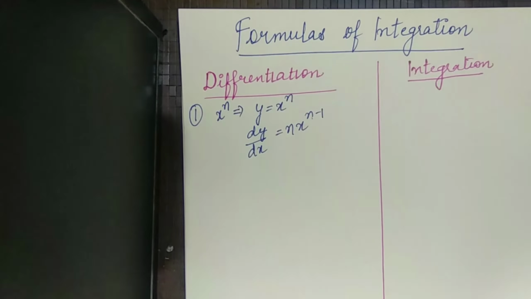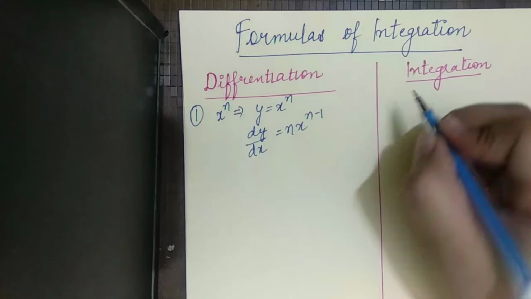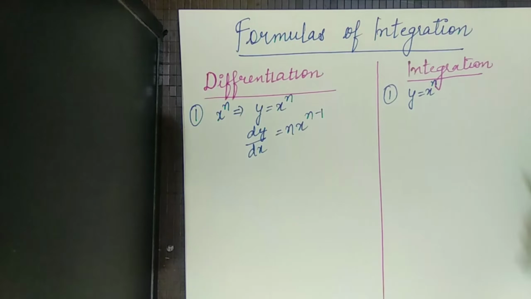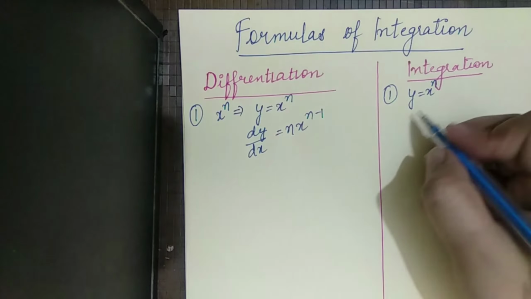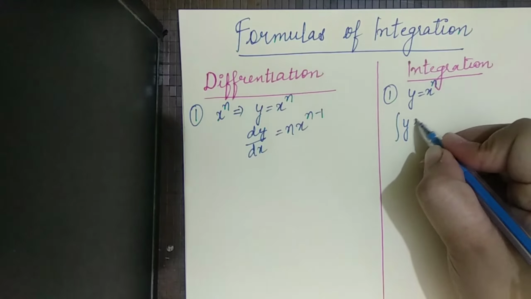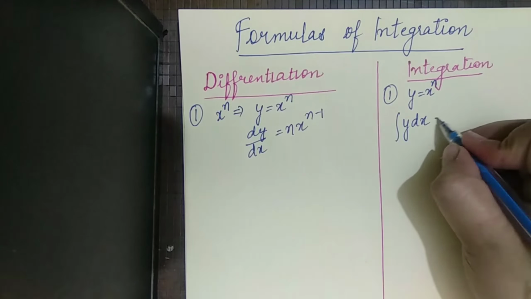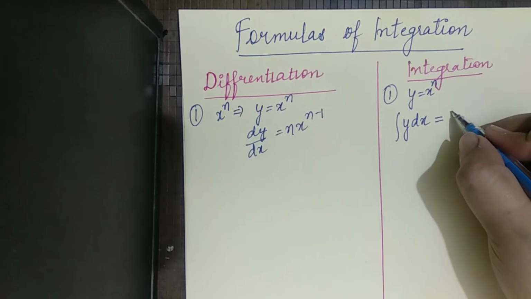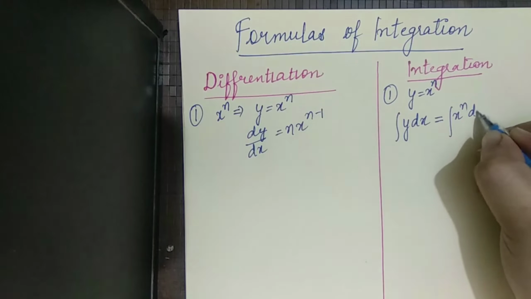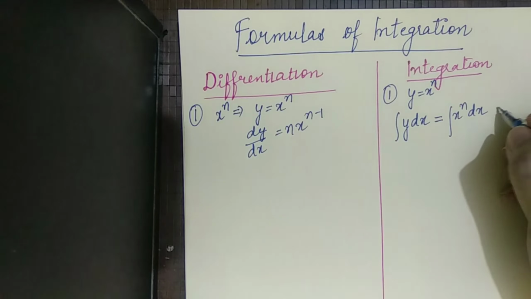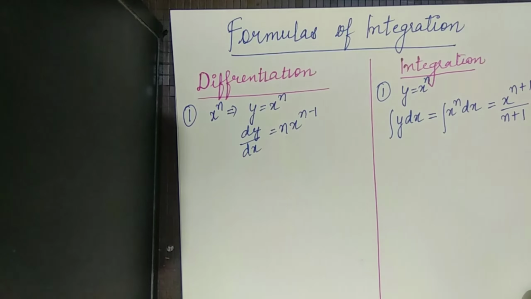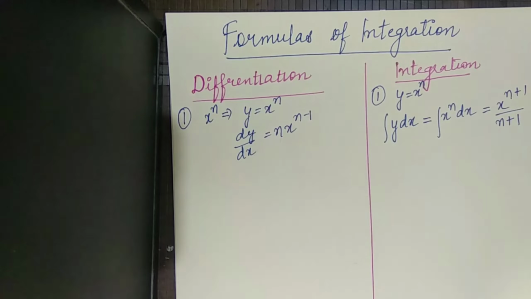Similarly here, if y equals x raised to power n, then to find its integration, we write y dx in integral form, that is the integral of x raised to power n dx. What would be the answer? x raised to power n plus 1 divided by n plus 1. I hope this is clear to you.